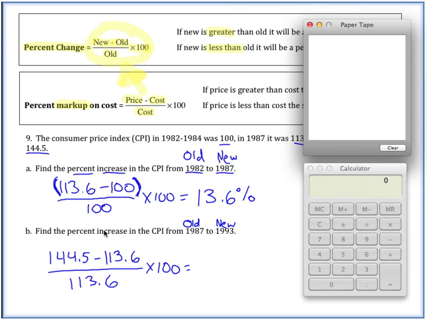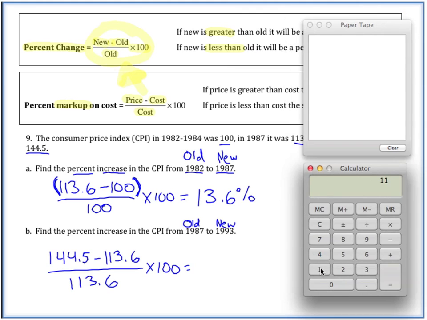Okay, so here's my formula all written out. I just want to show you what will happen if you don't use parentheses. So we'll do 144.5 minus 113.6, so new minus old, and then divided by old of 113.6.